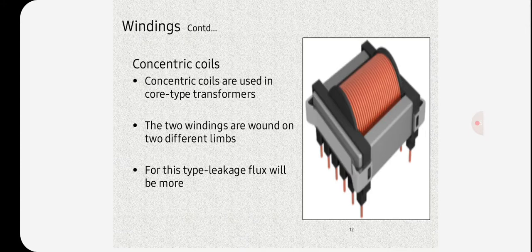Concentric coils are used in core type transformers. The two windings are wound on two different limbs. For this type, leakage flux will be more.